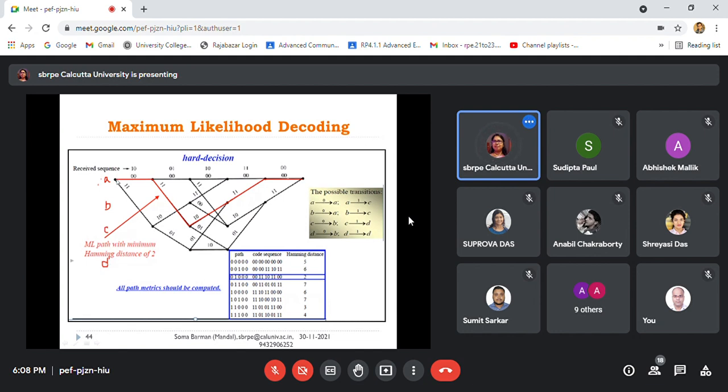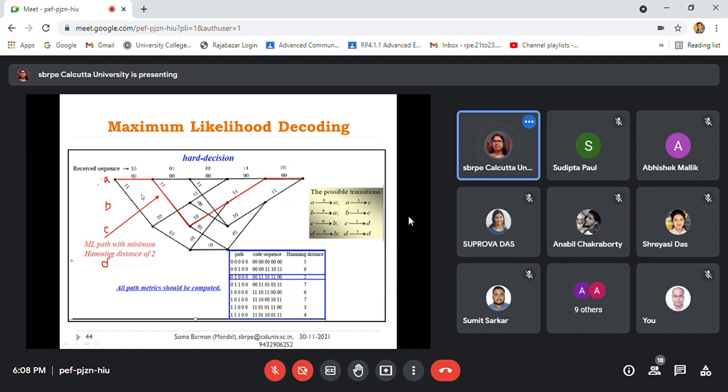The upper path is for the 0 bit and the lower path is for the 1 bit. C is also the upper path for the 0 bit and the lower path for the 1 bit, and this is also the same. Upper is 0, lower path is the 1 bit information.